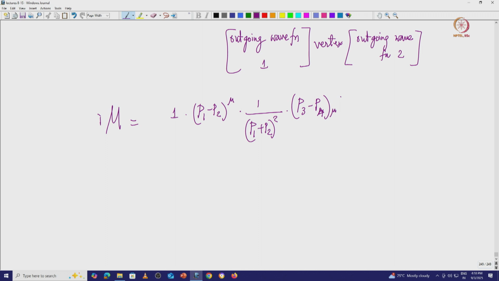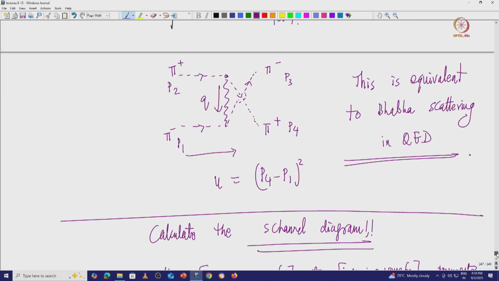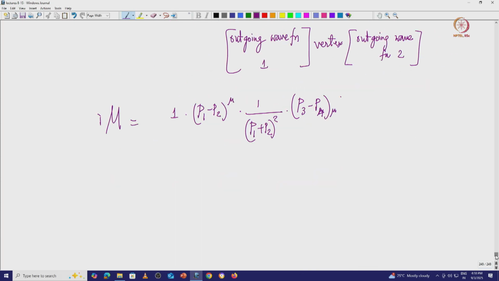Okay. This is your first amplitude which you have calculated, and you can do similar amplitudes for all these processes one by one. Given this process, now you can compute the M square by taking the mod of this, and then you can get the amplitude in terms of the momentum.